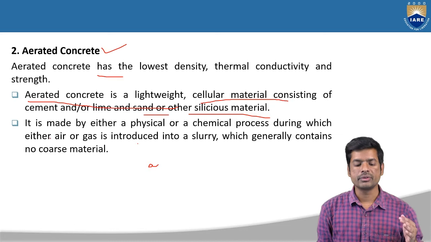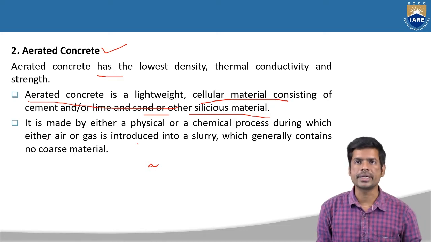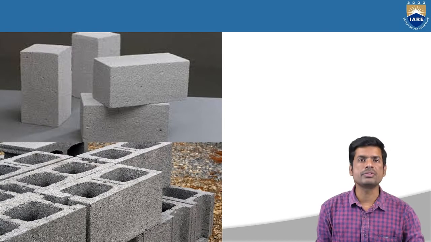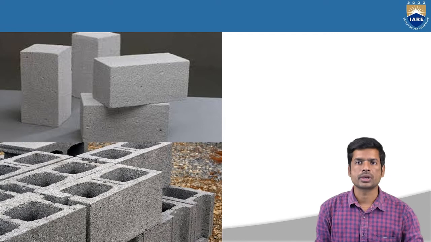Whenever you prepare this aerated concrete, we induce some air or gases into the slurry of the concrete material. In this concrete we are not going to use any coarse aggregates. This is one of the examples of aerated concrete. We can observe these cubes or molds in construction also.